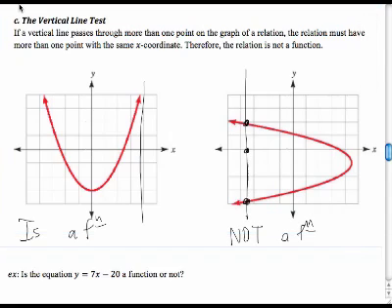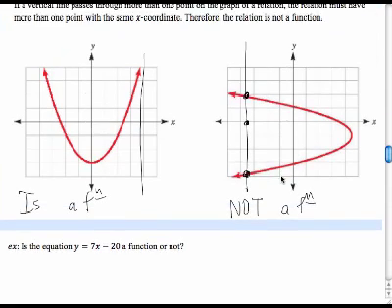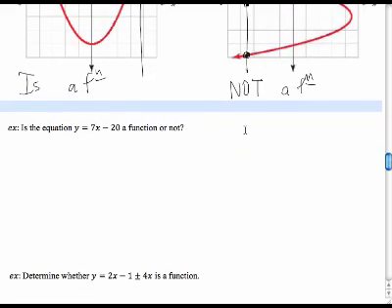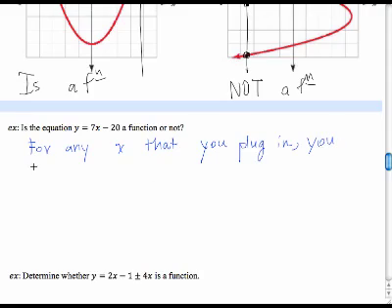Okay. If you have equations, maybe you don't have the graph. You can tell just from looking at it, or I'm going to show you just by plugging in a few points. For any x value that I plug in to this equation, the question is, how many y's do you get? Okay, so let's just plug in one. What if I wanted to plug in x equals 1?